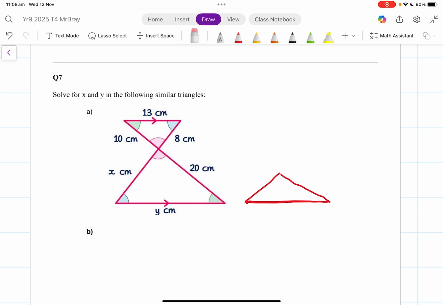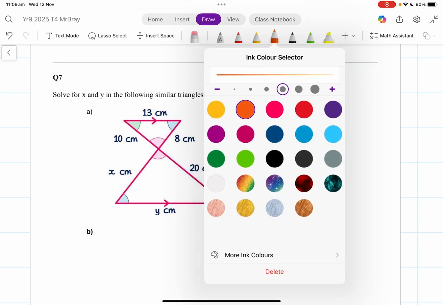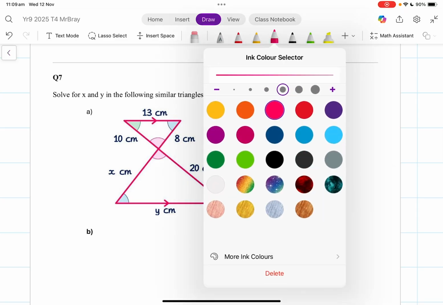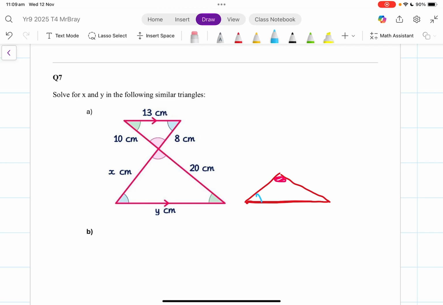And I can see that I'm going to have sort of a pink angle up the top here, a blue angle in the corner here, and a green angle over here, which leaves me with then labeling the dimensions. So I can see up the top there between the blue and green angles, I've got 13 centimeters. And then between the blue and pink angles, so this side here, I have 8 centimeters. And between the green and pink angles, I have 10 centimeters.